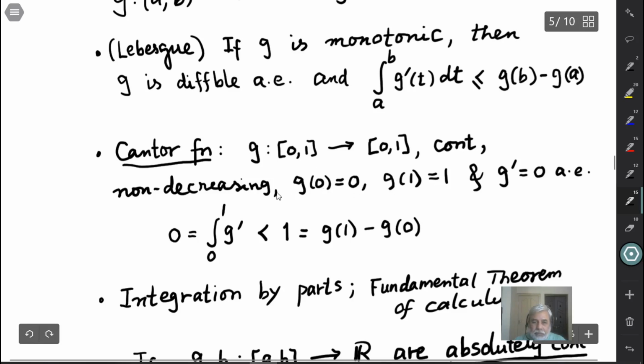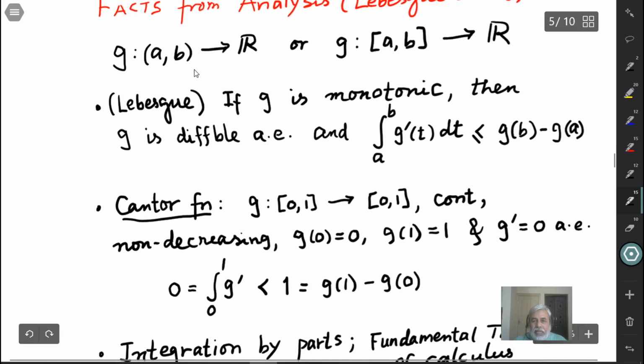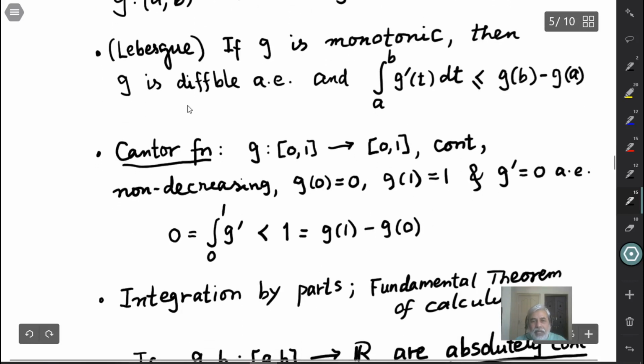So g is non-constant, but since it is non-decreasing, Lebesgue's theorem asserts that it is differentiable almost everywhere, and g prime is 0 almost everywhere.